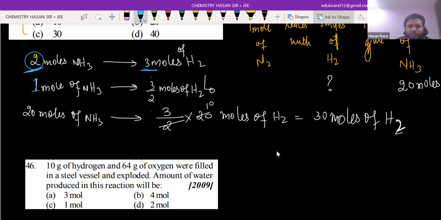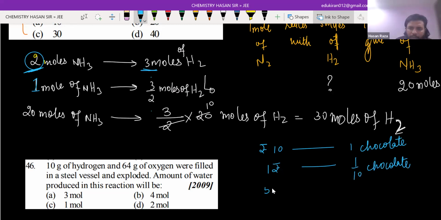It's just like this, Tharif: if for 10 rupees you are getting 1 chocolate, then for 1 rupee you will get 1 by 10 chocolate.